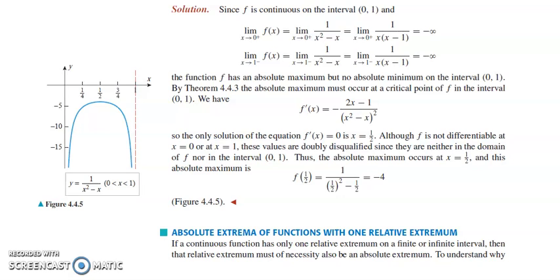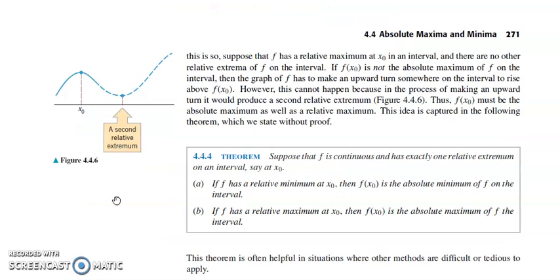Now we can say that one relative extremum will become an absolute extremum. So that must be an absolute extremum. If it has one relative maximum, that relative maximum must be the absolute maximum, and a relative minimum must be the absolute minimum. So we will see how that comes.